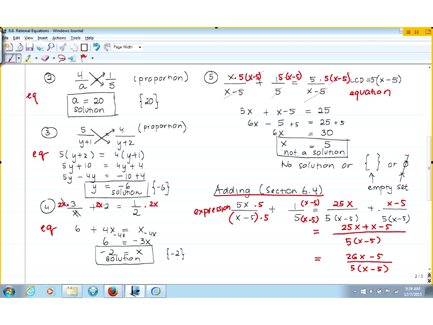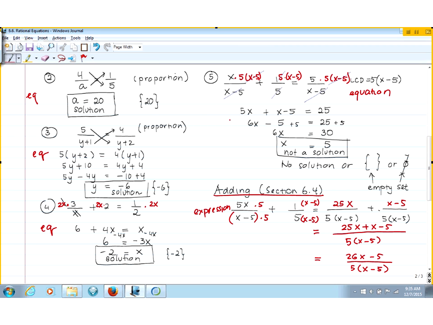So this is if you are adding. We cannot clear the denominator. You see? When we solve, we could multiply the LCD to both sides. That's why we could clear the denominator. I just need to make sure you know the difference between these two. So this is 6.4.